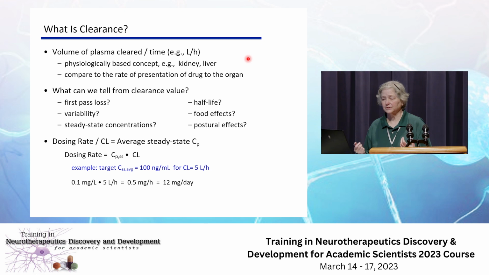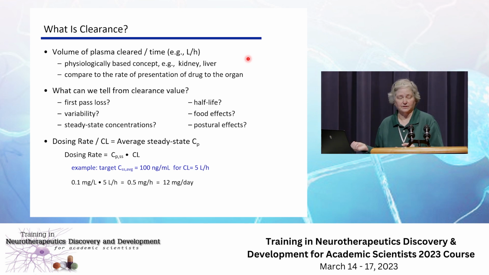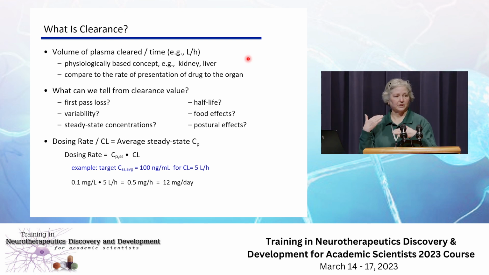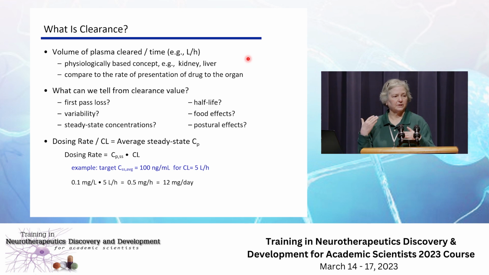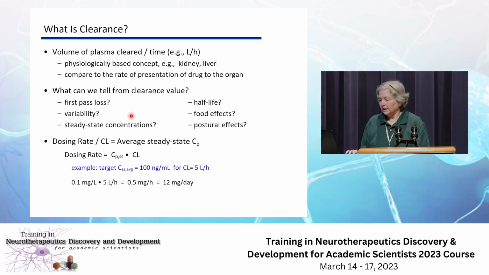So plasma clearance values are most commonly compared to liver blood flow, the rate of blood flow to the liver. And it will help you understand the probability that you are actually going to get compound into systemic circulation. If your compound is cleared at the same rate as liver blood flow, your bioavailability is going to be 0 or really low.